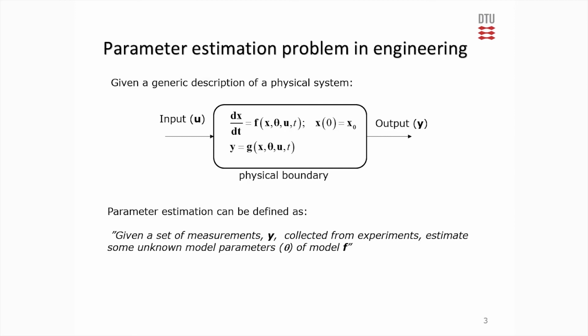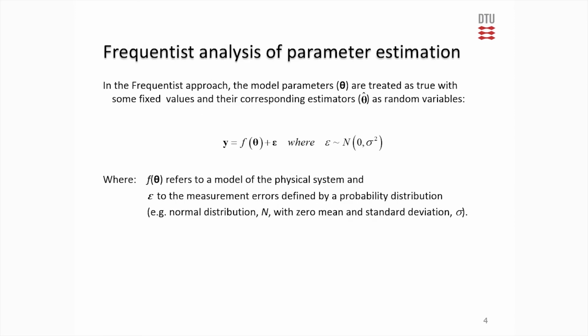There are several statistical methods to estimate parameters. One of the most commonly used methods is the frequentist approach. In this method, the parameters θ are treated as true with fixed values.